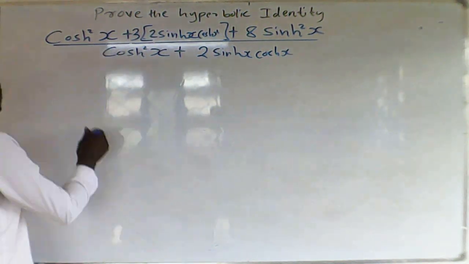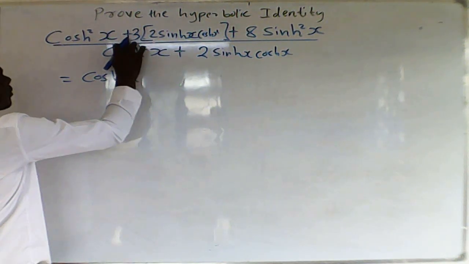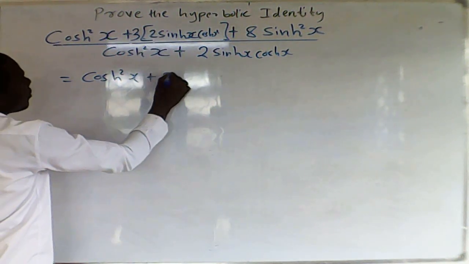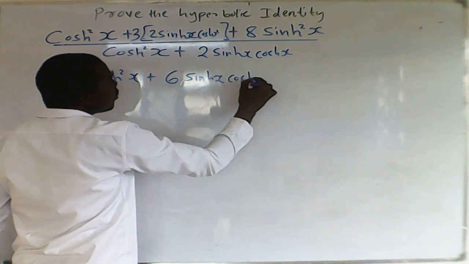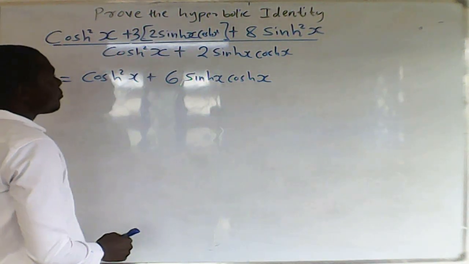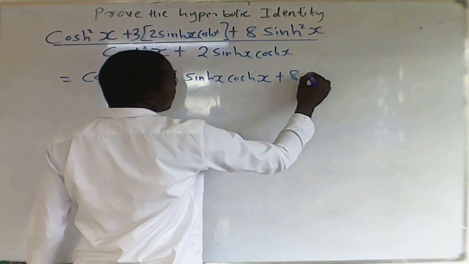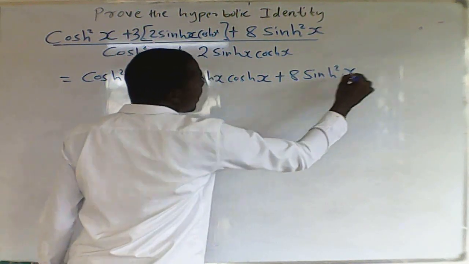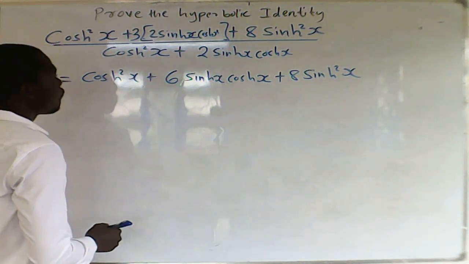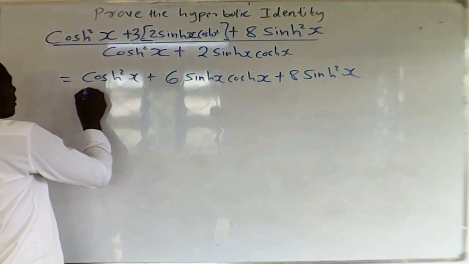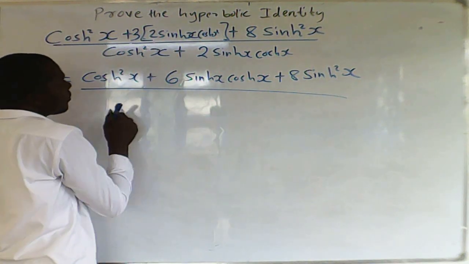So from there, opening the bracket, we have cos squared x, 3 times 2, 6, plus 6 sinh x cos x, then plus 8 sinh squared x, then all over cos squared x plus 2 sinh x cos x.